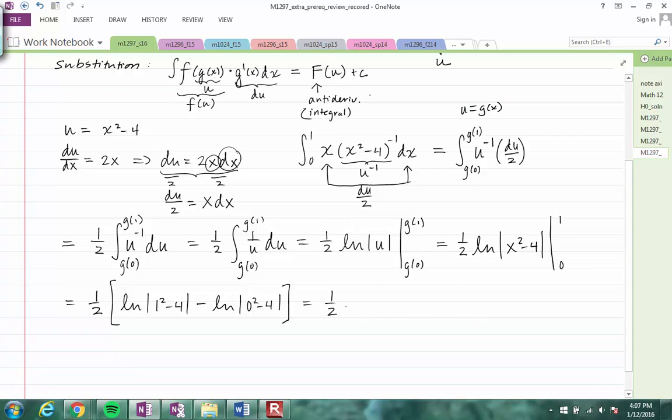Then I have 1/2 times ln of 3 minus ln of 4. And because we like to write exact answers, that's actually good enough. Technically you can simplify this, which I'm not going to expect that you do, but if you want to be real fancy, you could do a little log algebra and write it like this.